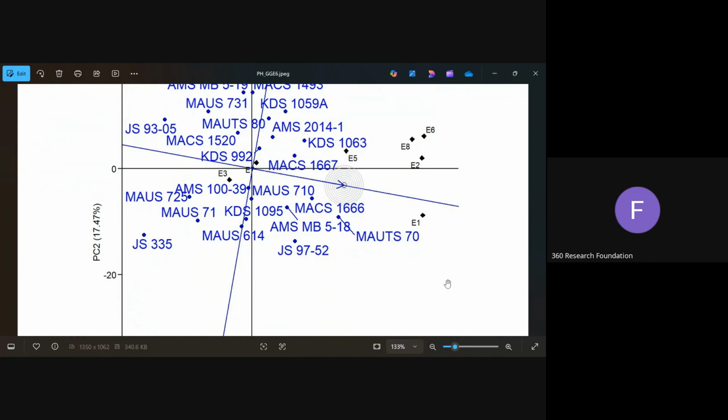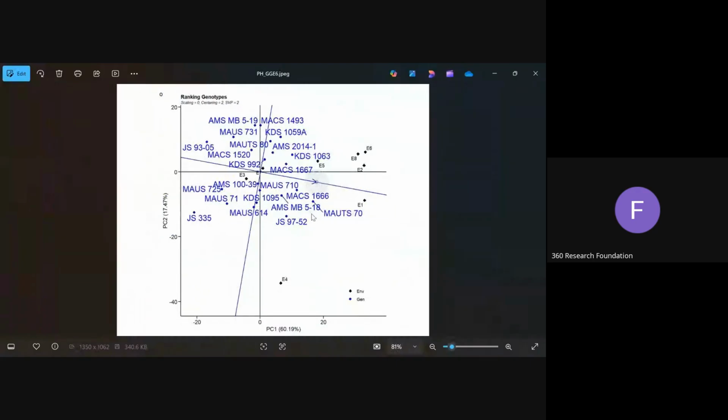So first, those close to the concentric circle are the most desirable. Those who are moderately close to the concentric circle are moderately stable, and those far away have poor stability. So which genotype is located far from the center of the concentric circle? JS 335. Yeah.